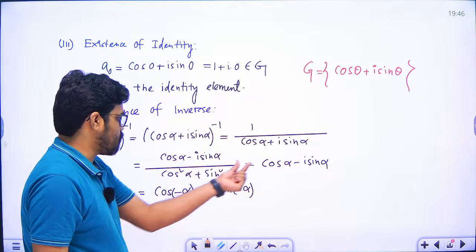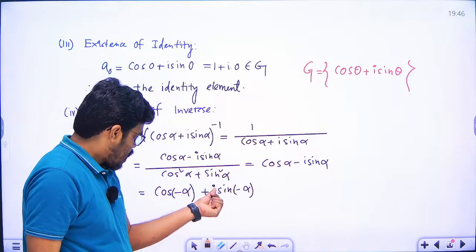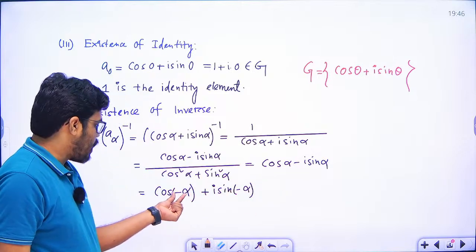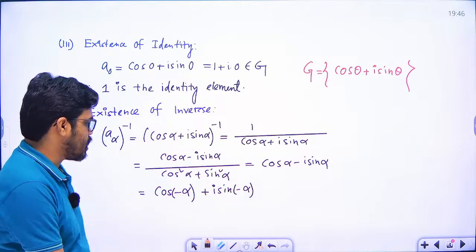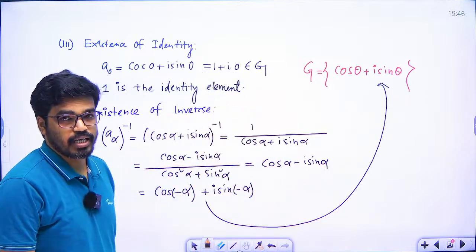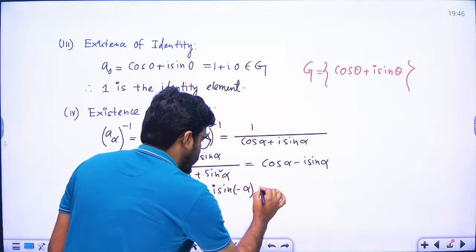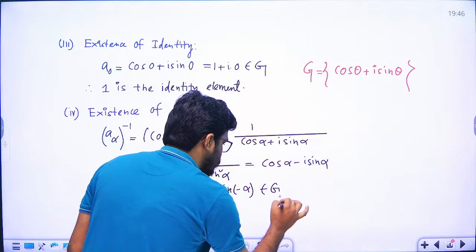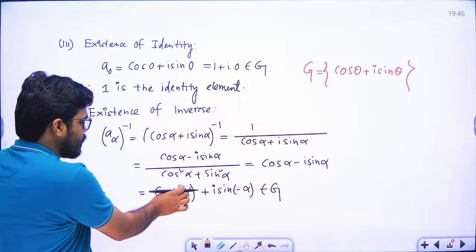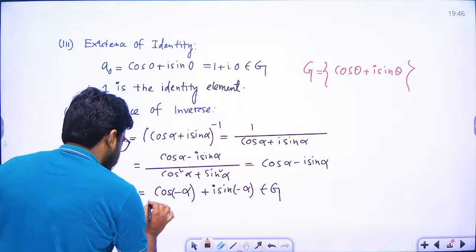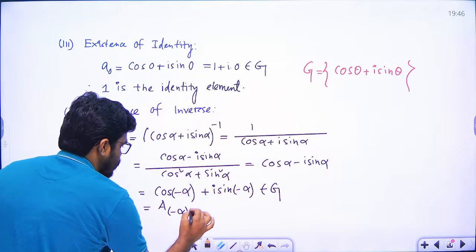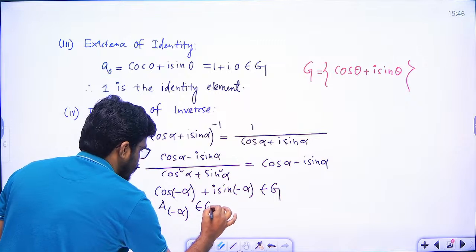So cos minus alpha plus I sin minus alpha is of the form cos theta plus I sin theta. So this element belongs to G. Okay, so cos minus alpha plus I sin minus alpha is basically A minus alpha, right? So this belongs to G.